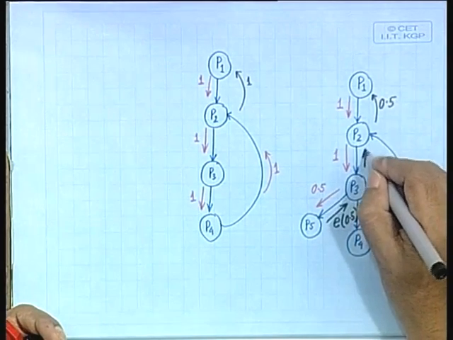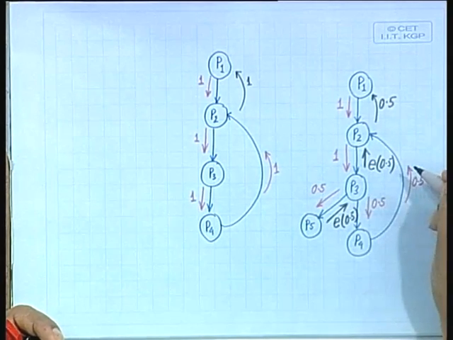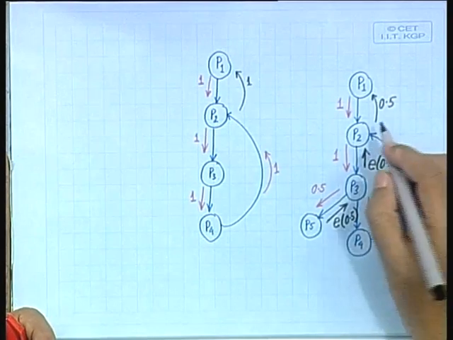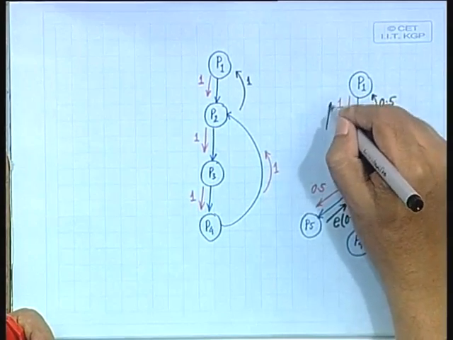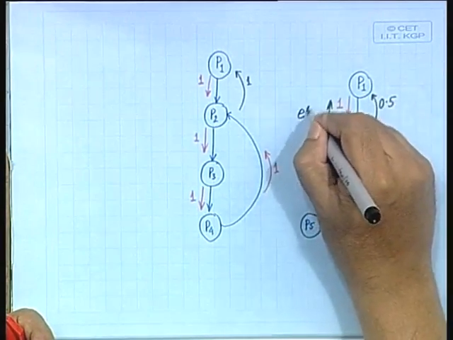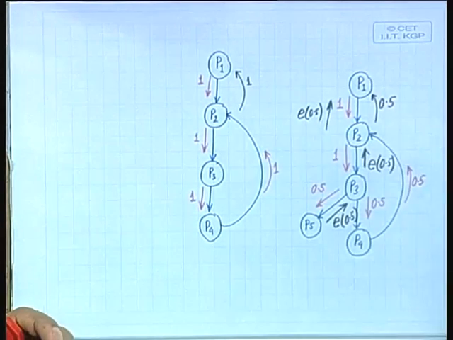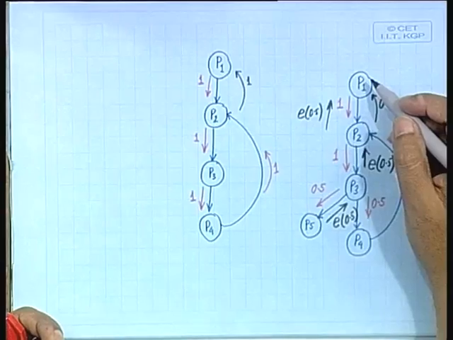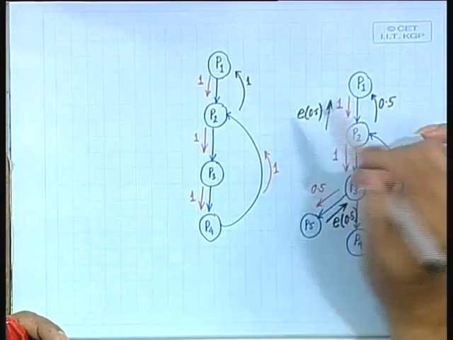So it will send an echo of 0.5, right? What is this going to do? Again echo. Now P1 will reduce, so no deadlock, and also the algorithm has terminated because 0.5 plus 0.5 is 1.